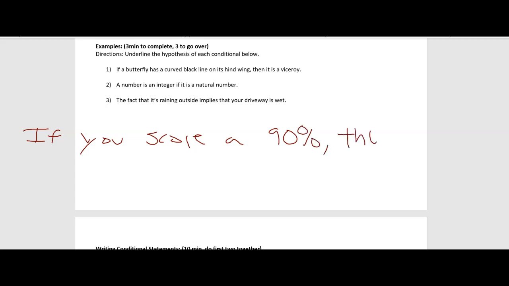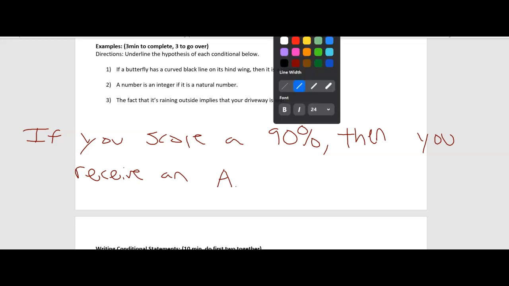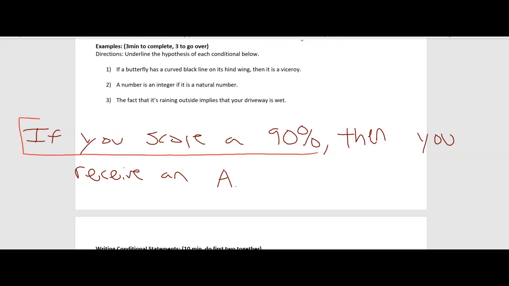So just a quick reminder, when we have a conditional statement, we have something that is in the form if-then. So an example would be, if you score a 90%, then you receive an A. So in this case, our hypothesis would be if you score 90%, that would be our P, right?